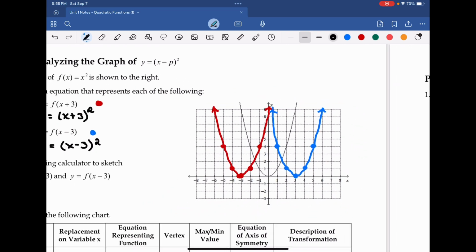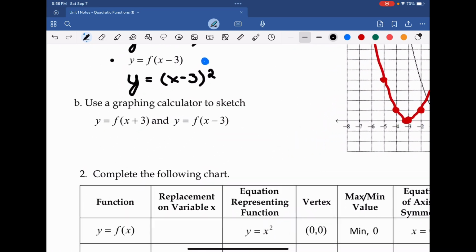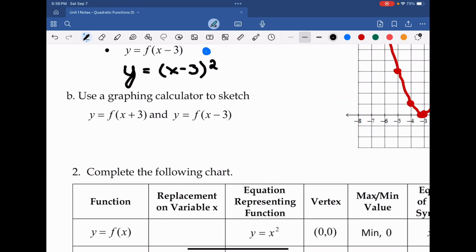Okay, going down, using a graphing calculator to sketch this, in class, here's what you would do, whether you have the Casio or the TI: y is equal to, and instead of f of x plus 3, we're going to write this as (x + 3) squared. You're going to type that into your y1.